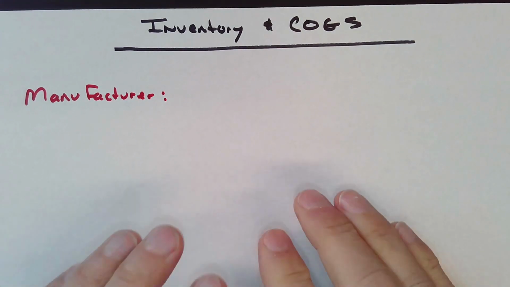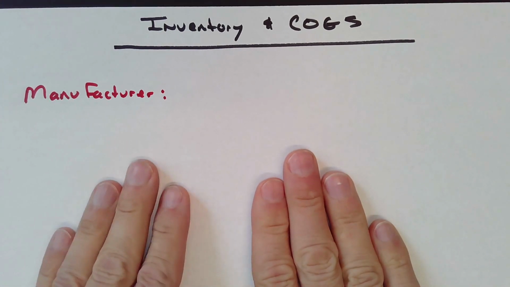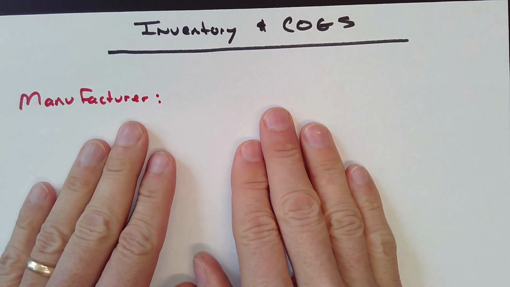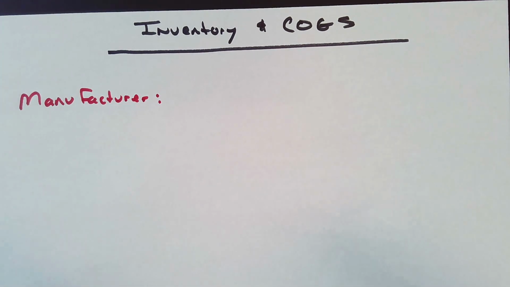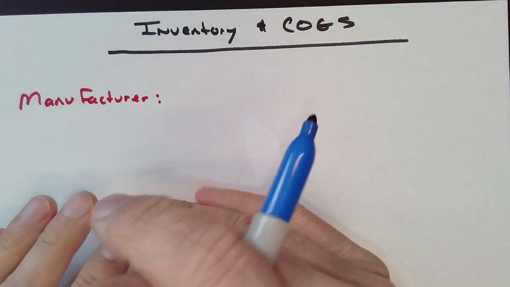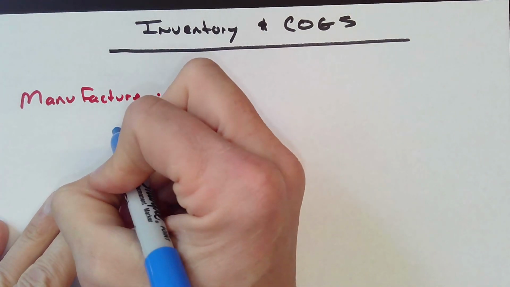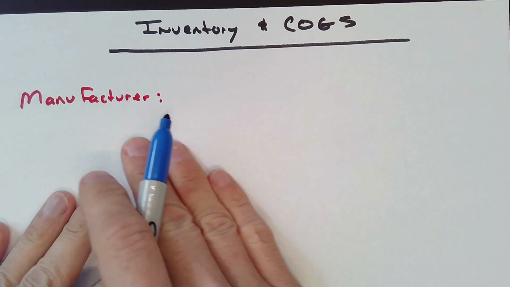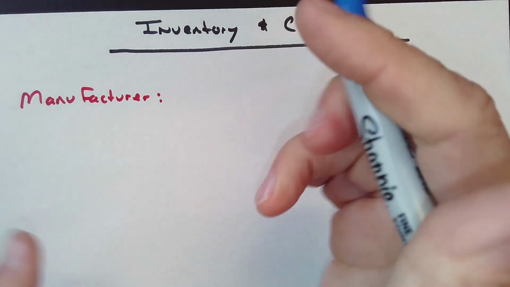So there's a lot of things that need to go into the creation of some kind of a good. So we probably need to purchase some materials. We'll refer to those as raw materials. So some commodities, steel, paint. We'll call those all raw materials.